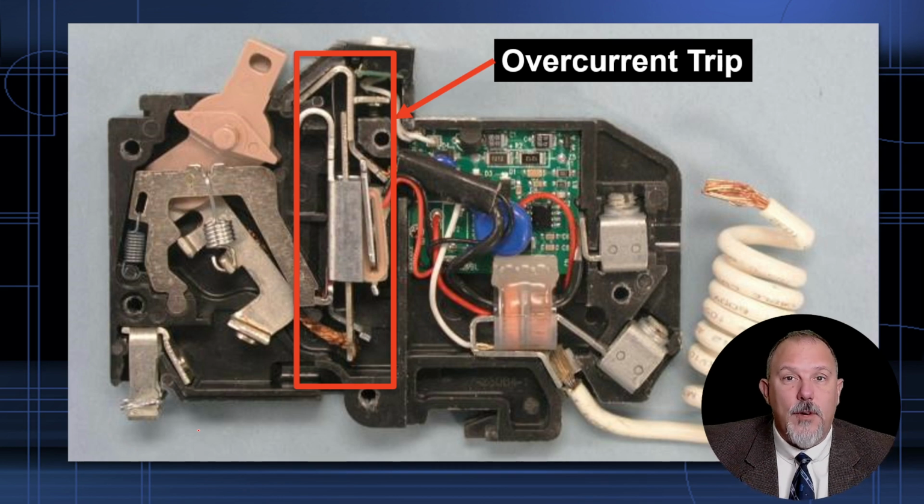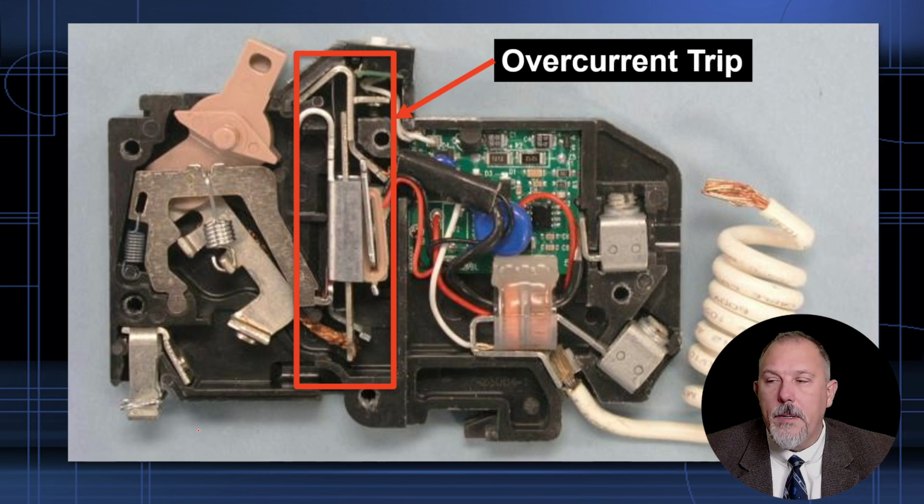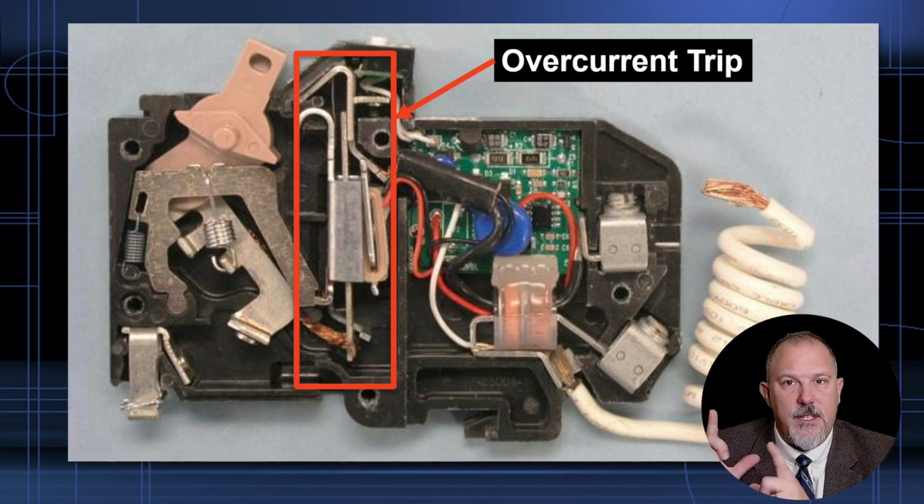My bimetal will heat and bend and drop the mechanism so that it opens, or if the fault currents are high enough, it will pull in the lever and drop my latch and open my circuit breaker. So this is the business.